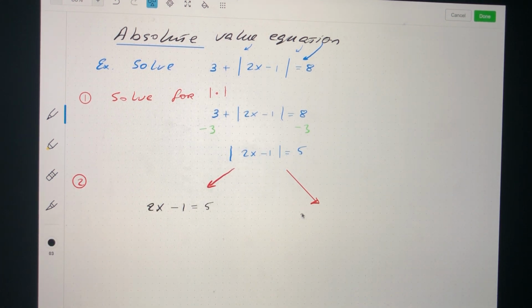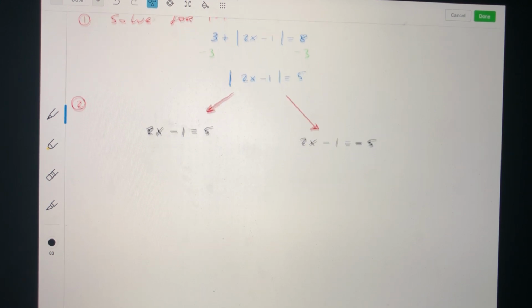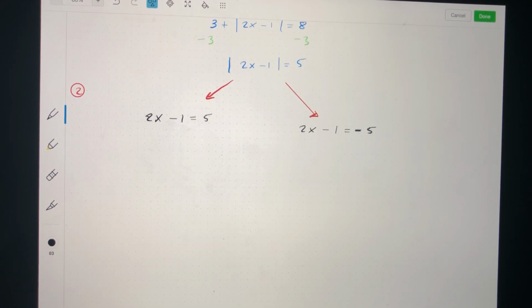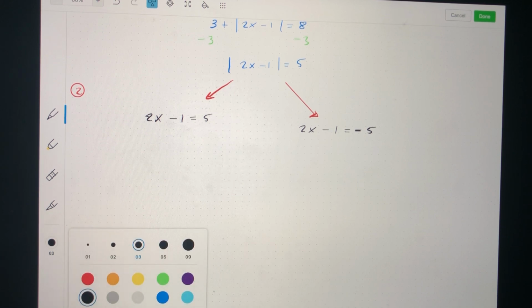So here are the two different equations that we solve. We solve them separately, and once we get the solution to each, that's the whole answer.